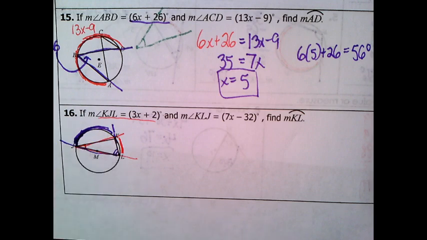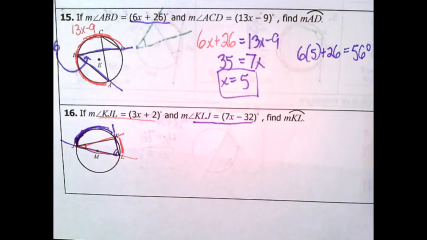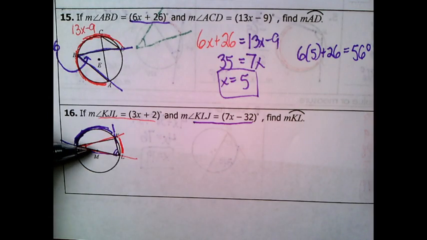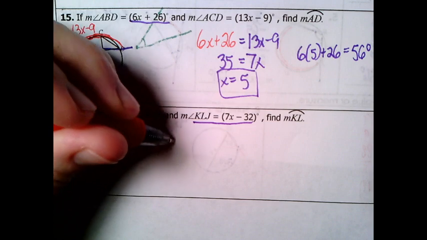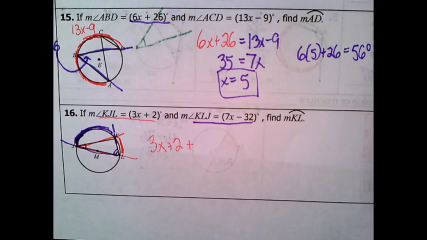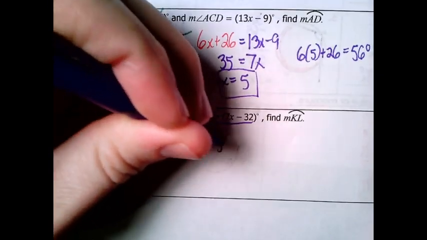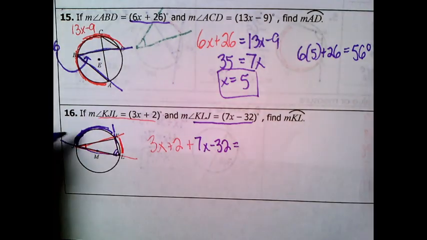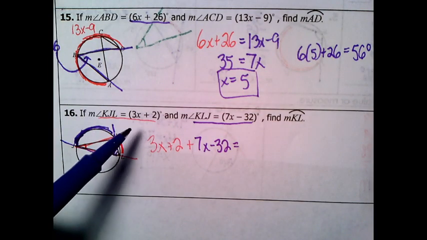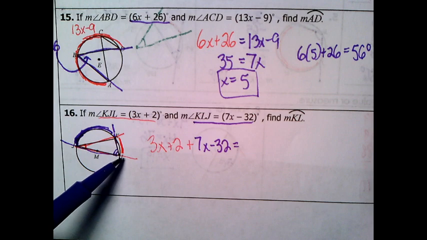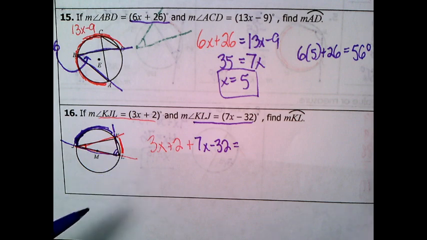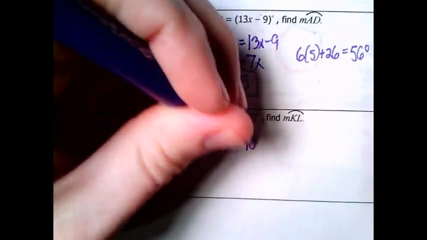So what it's saying is, if I take this red angle and I add it to the purple angle right there, it should equal a half circle. But remember, when I go from big to small, I have to take half. So it's not going to equal 180, it's going to equal 90.